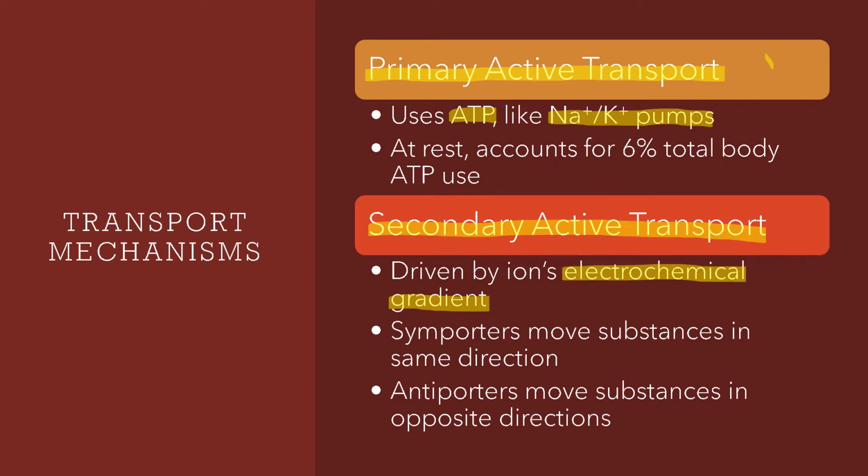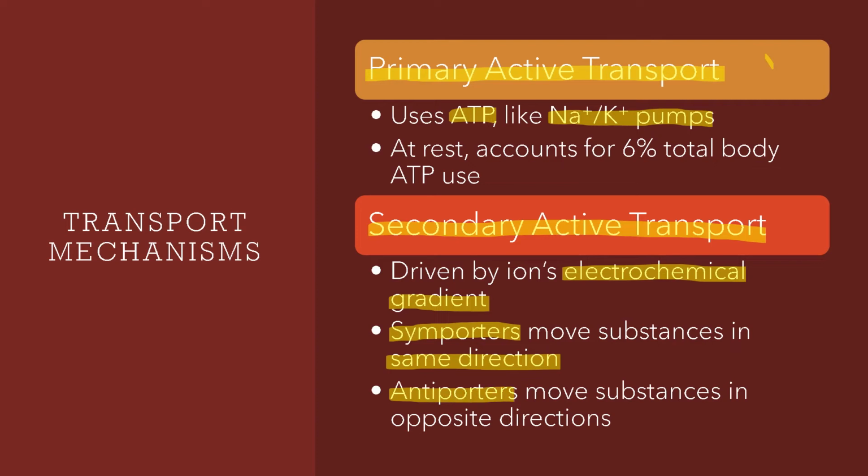So it couples the movement of an ion down its electrochemical gradient to the uphill movement of a second substance against its electrochemical gradient. And then there's two types of secondary active transport. We have symporters. These are membrane proteins that move two or more substances in the same direction across a plasma membrane.